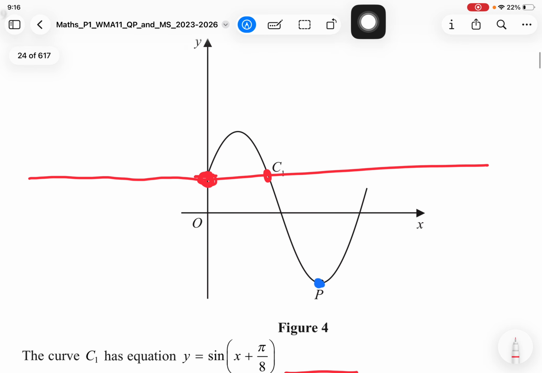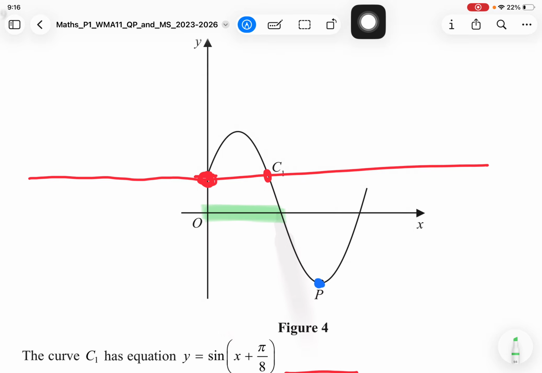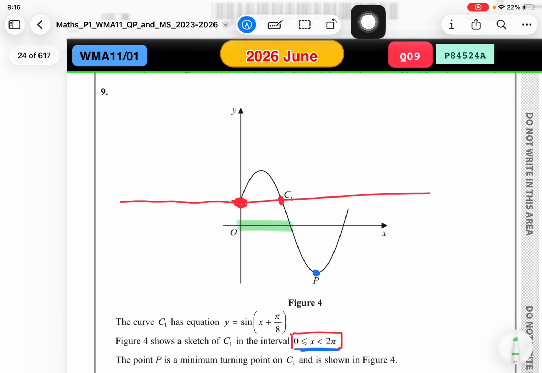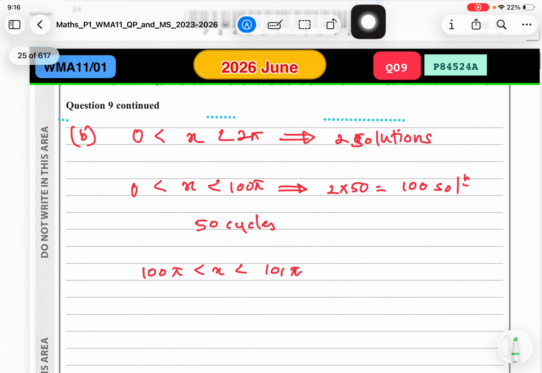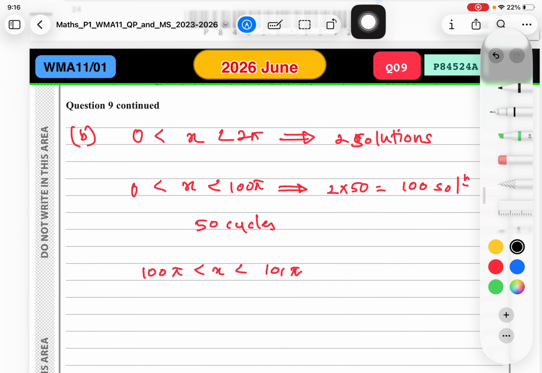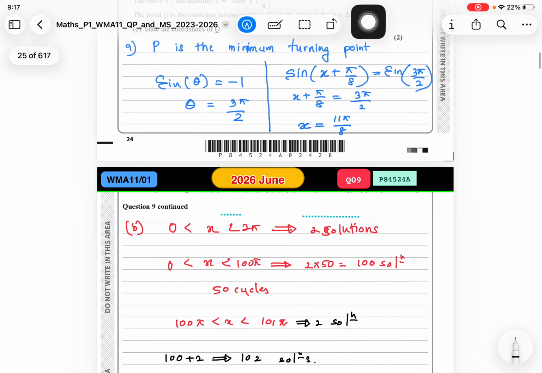In this range it will be like half of the cycle, and there will also be two solutions, because both the solutions are in the first pi range. So altogether the number of solutions will be 100 plus 2, which is 102 solutions. That is the full answer for the B section.